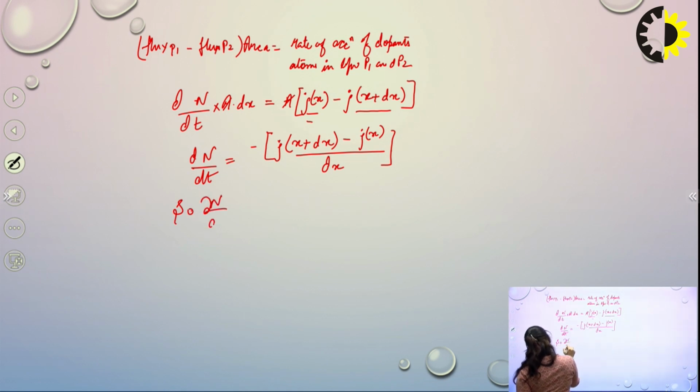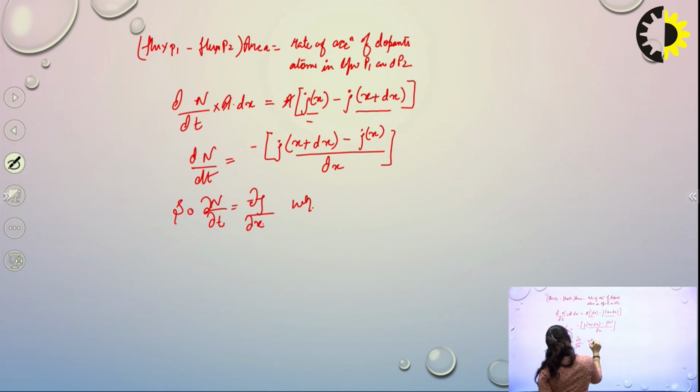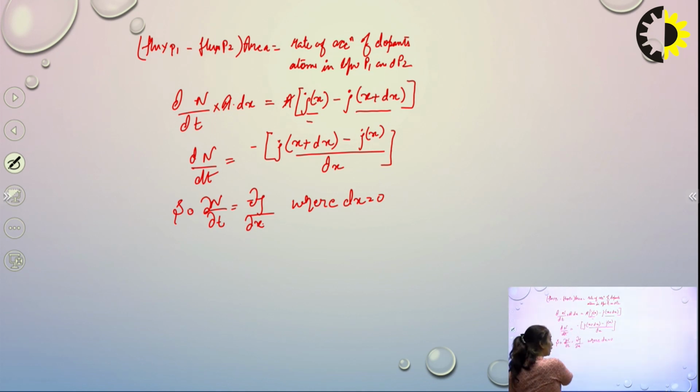So, dN by dt is equal to minus del J by dx, where dx tends to 0. At x equal to 0, dN by dt will be equal to minus dJ, flux, divided by distance.